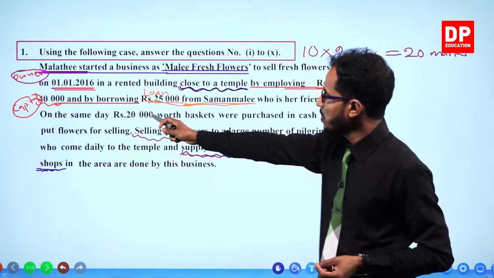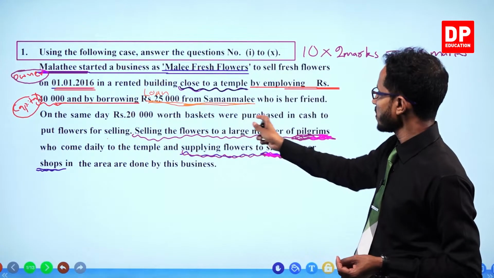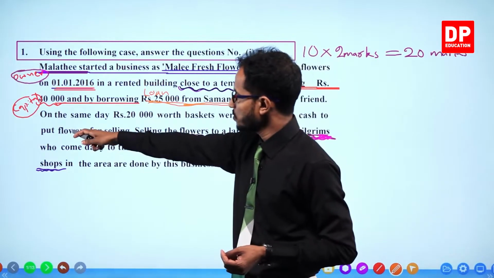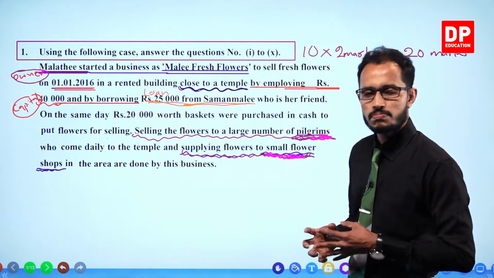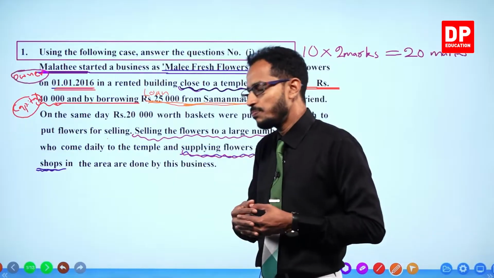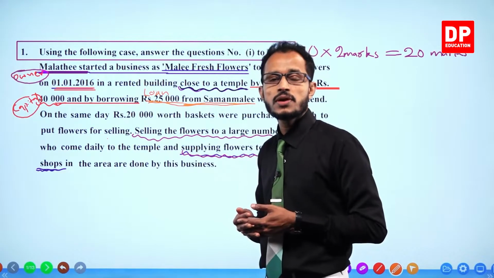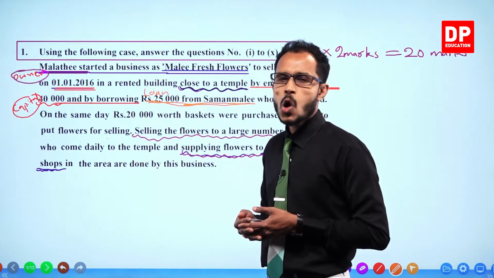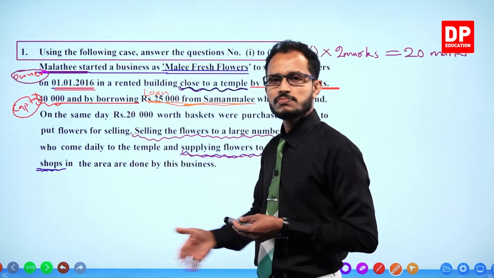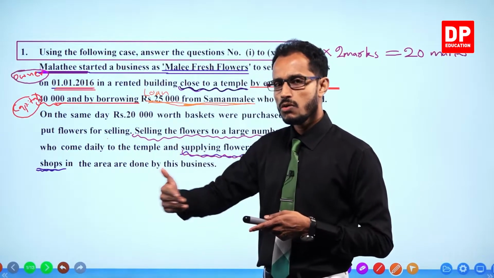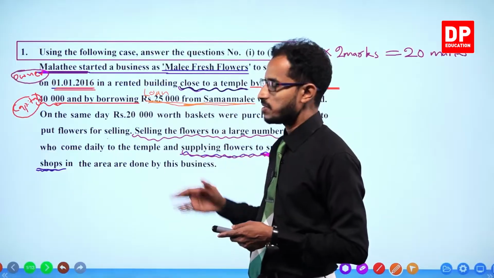On the same day, 20,000 worth of baskets were purchased in cash to put flowers. That is a problem, right? A lot of students go on recording all the information.